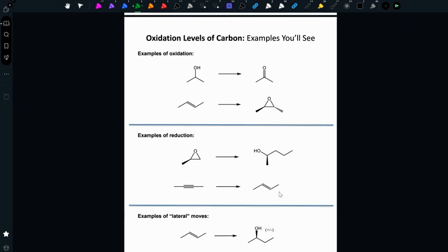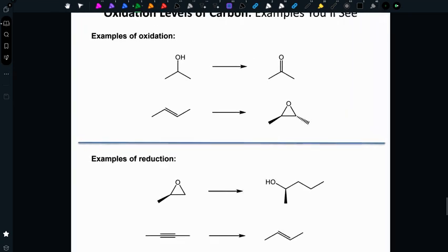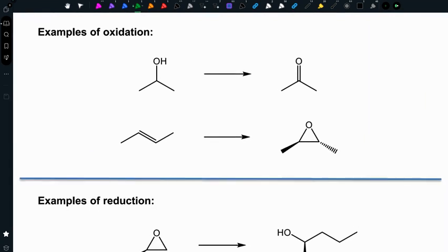Okay, so our last step is going to be to look at some reactions, identify oxidation levels, and see how they're changing. So I've started by giving you a couple examples where oxidation is happening. So let's talk about how we could figure that out.